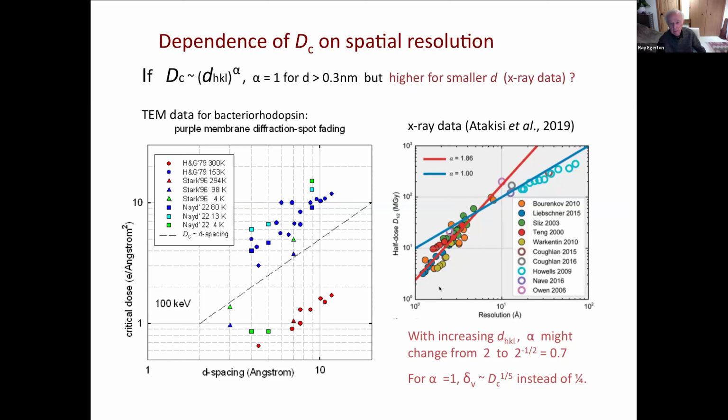And I suspect that in principle, that exponent depends on resolution, changing from 2 to 1 upon root 2 as you change the resolution. And all of that can be incorporated into that dose-limited resolution formula. And it means that the voxel dose-limited resolution, for example, goes as characteristic dose to the 1/5 power rather than to the 1/4 power.